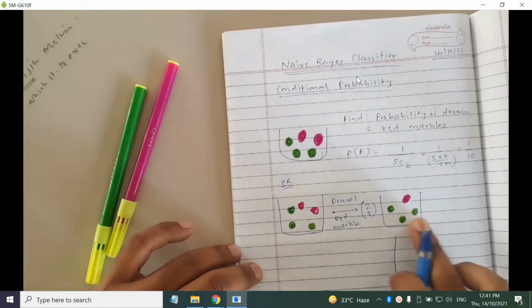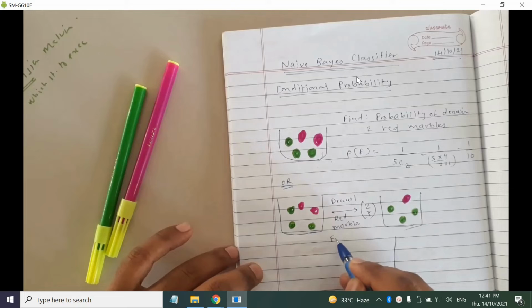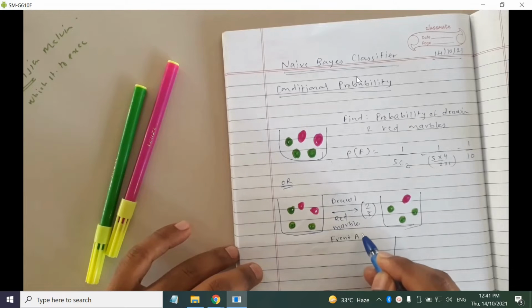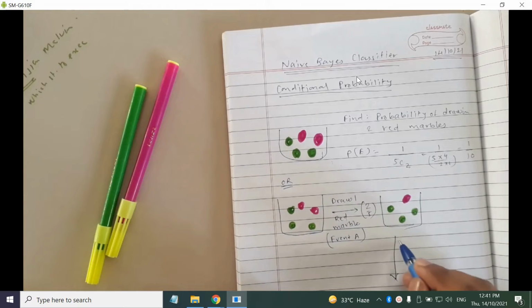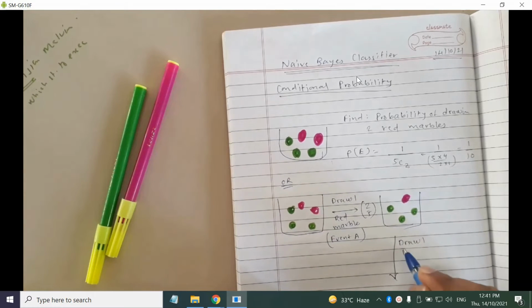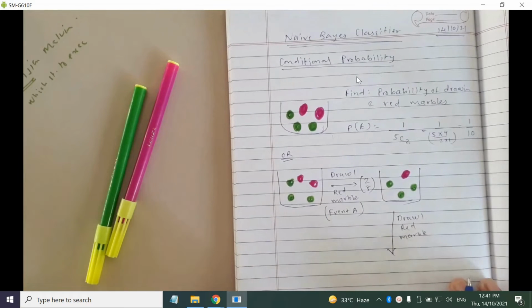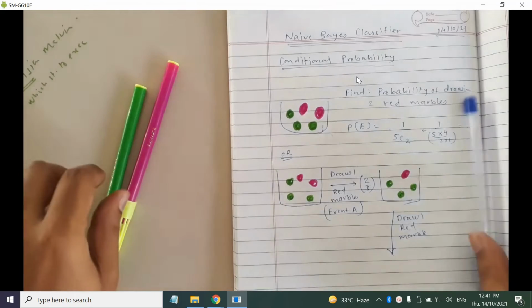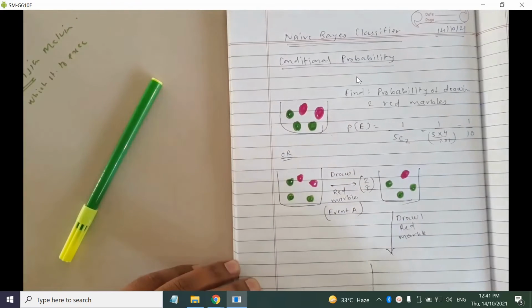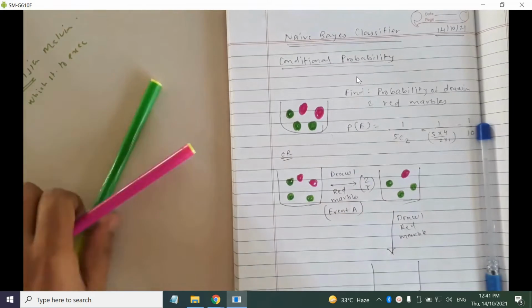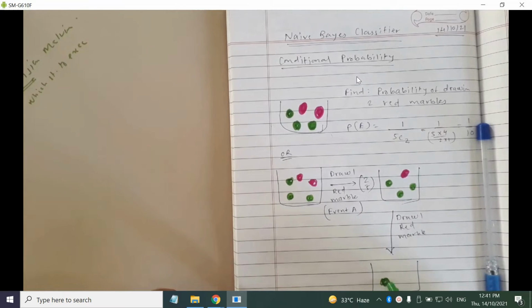Let's call this event A. This is my event A, draw one red marble. Now what will be the probability of this event? Once you draw one marble, the container will have 3 green balls and 1 red marble.